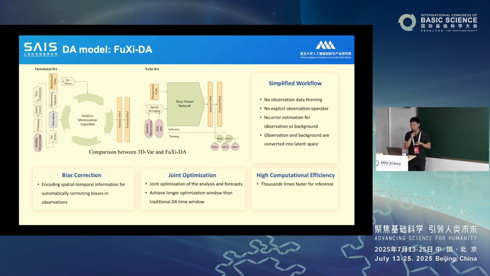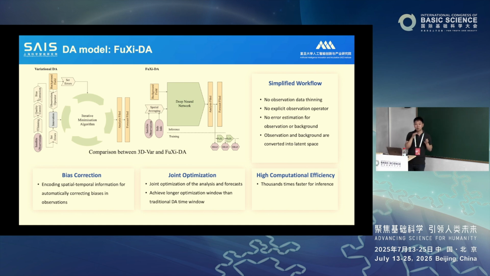This model can do the bias correction by encoding spatial temporal information to automatically correct the biases in the observations. And it can jointly optimize the analysis and the forecasting beyond the optimization window you have in the traditional 4D-Var system. In a traditional 4D-Var system, you can optimize your analysis and forecast only within a time window where you have observations.